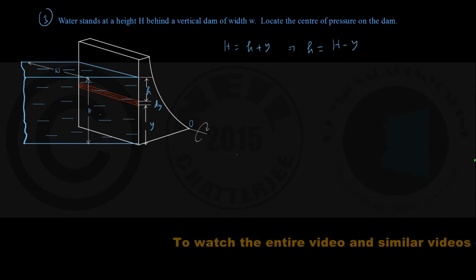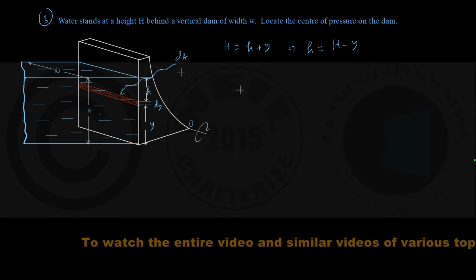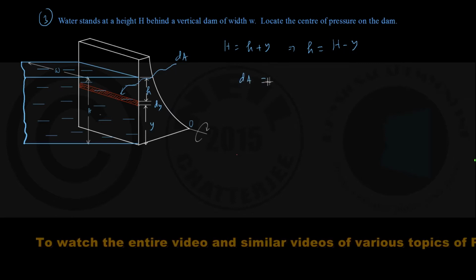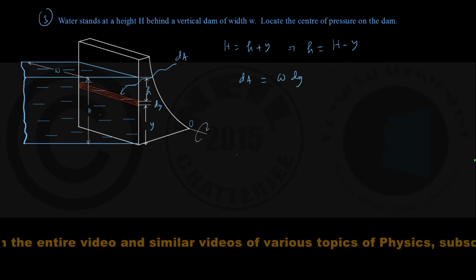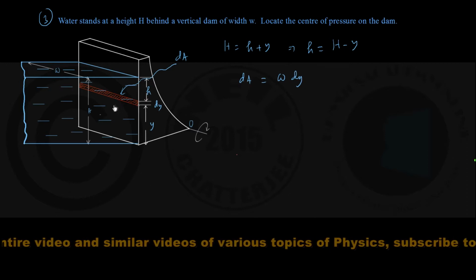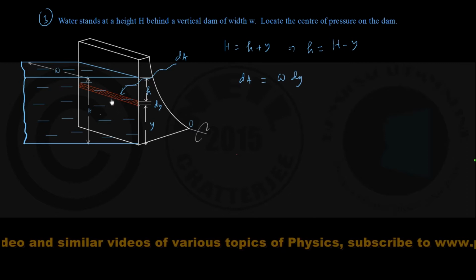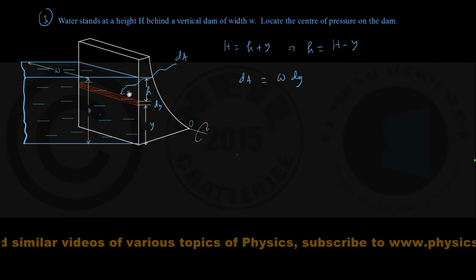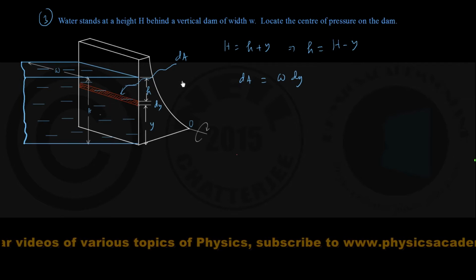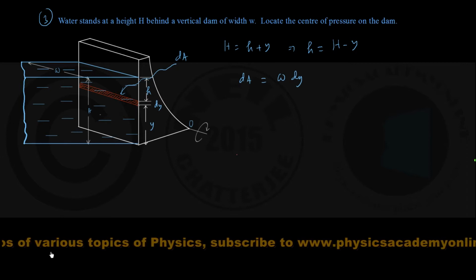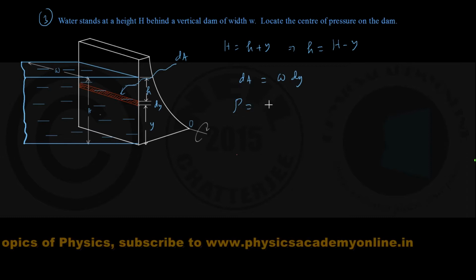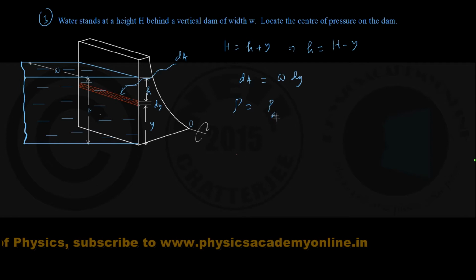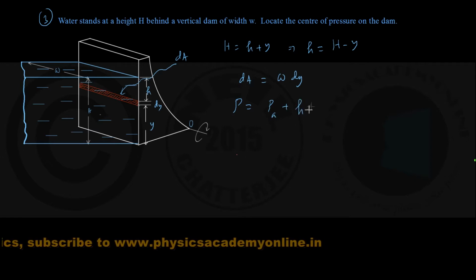Now, what is the area of this infinitesimal horizontal strip of the dam? This is taken to be dA, and dA is equal to the width w times its height dy. The pressure of water is acting to the right onto this strip, and the pressure of atmosphere is acting to the left on this strip, and therefore the net pressure acting on this strip is given by the pressure of water, that is atmospheric pressure plus hydrostatic pressure h rho g.